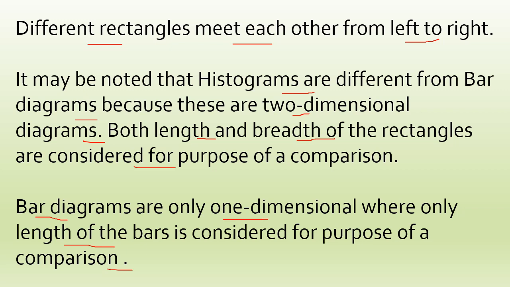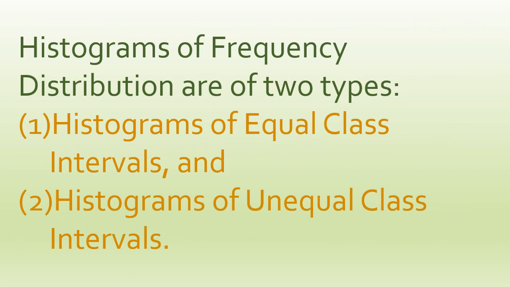So this is the basic difference between histograms and bar diagrams. Now, histograms of frequency distributions are of two types. The first one is histograms of equal class intervals, and the second one is histograms of unequal class intervals.